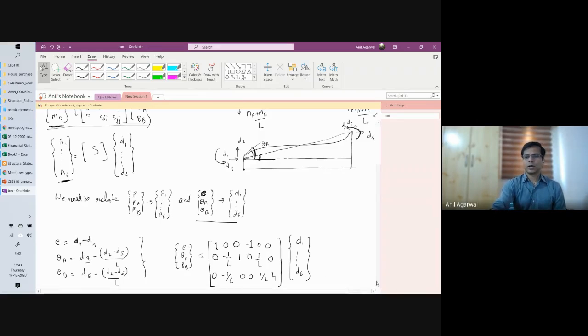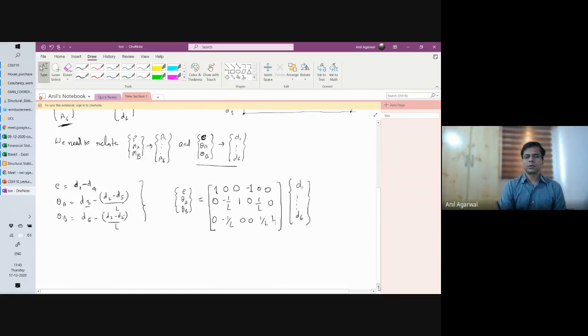Okay, so I have related my deformations with the displacements in the degrees of freedom.